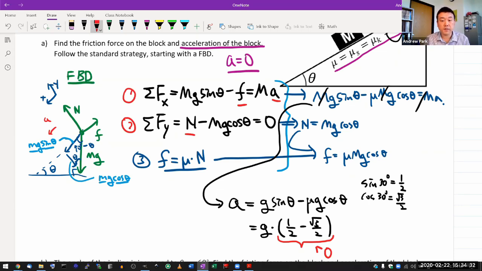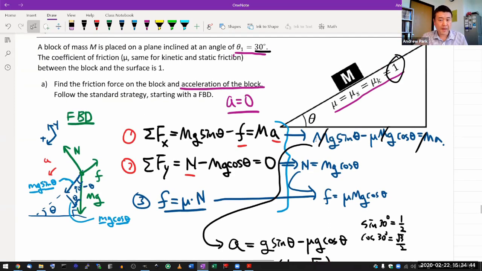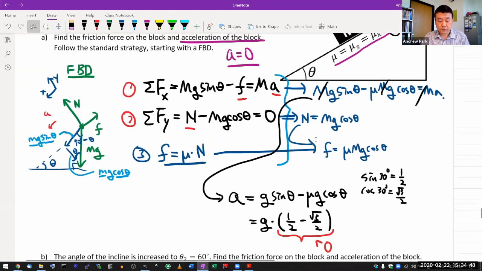Here we thought the block would slide down the hill, but I guess what it means, wait, sliding up the hill? Nothing's pushing it up. It's not gonna happen that way. So this is what I mean by sanity check. As you're doing the sanity check, you should realize that your acceleration cannot be negative because the block is just not going to slide up.